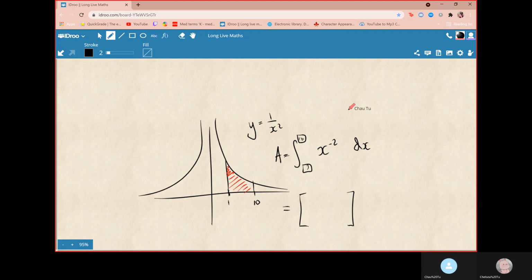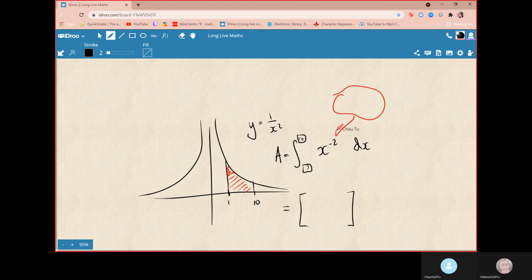Okay. So how do you integrate it? Well, integration means you've got to look for something such that when you differentiate it, it gives you this thing here. There is something out there such that when you differentiate it, it gives you x to the power of negative 2. What is it? Let me think for a bit.